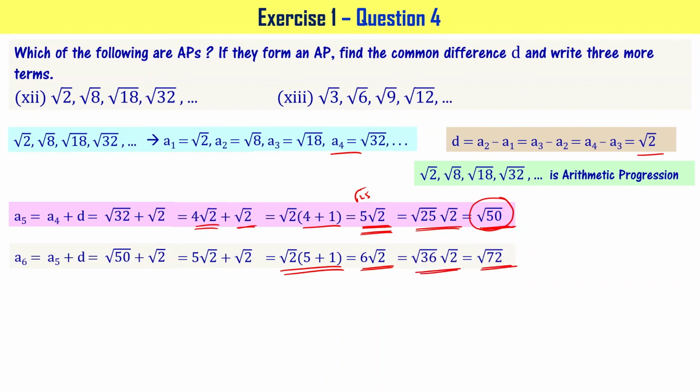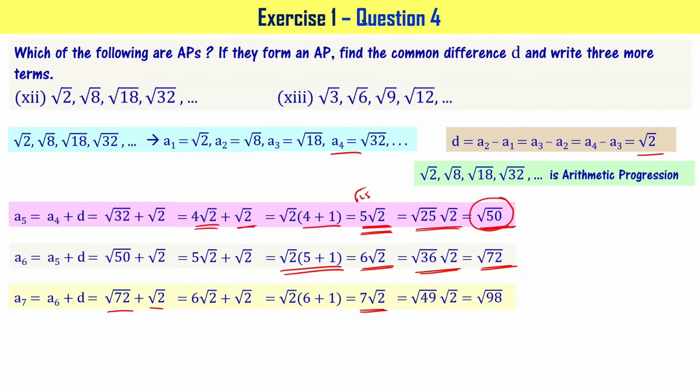Now you have square root of 72 as A6. Then what is A7? A7 equal to square root of 72 plus root 2. That can be written as 6 root 2 plus root 2. When you simplify it, you get 7 root 2. 7 root 2 can be written as square root of 49 times square root of 2, that is equal to square root of 98.